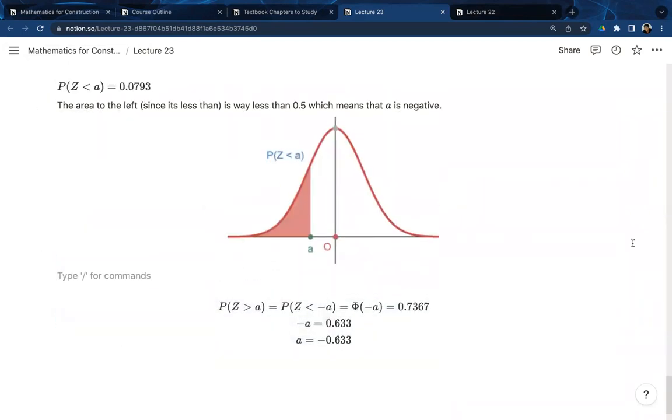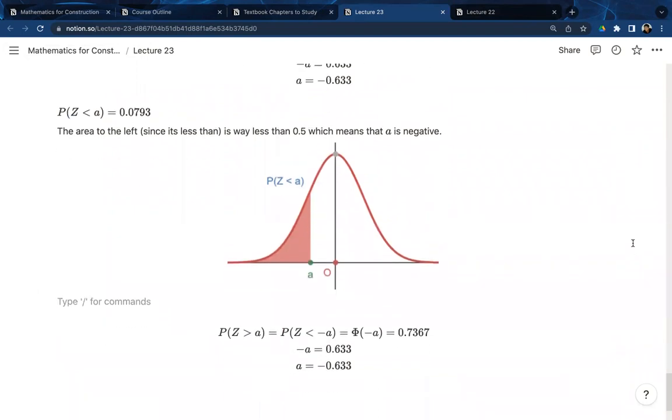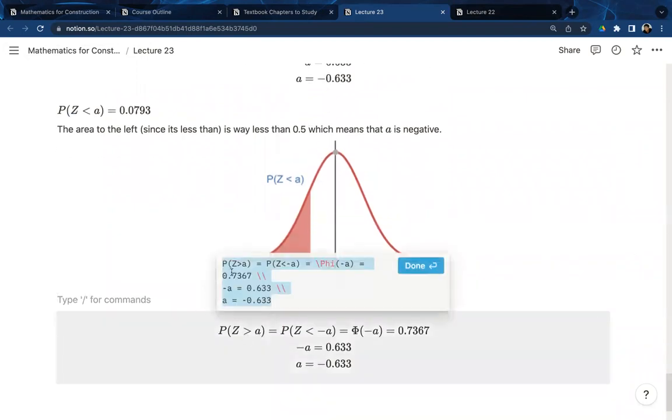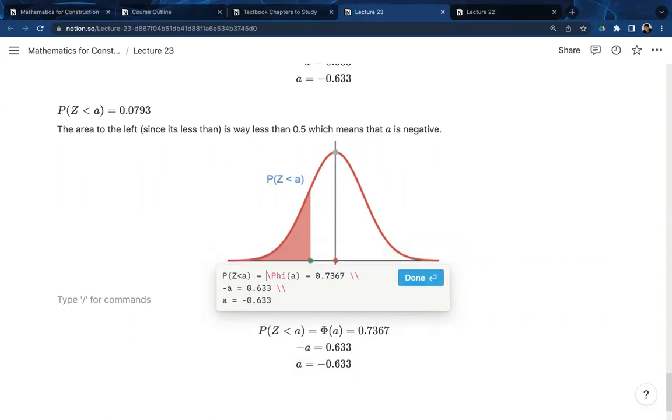Right, so what can we say? The probability Z less than A is phi of A, and phi of A is 0.070793.